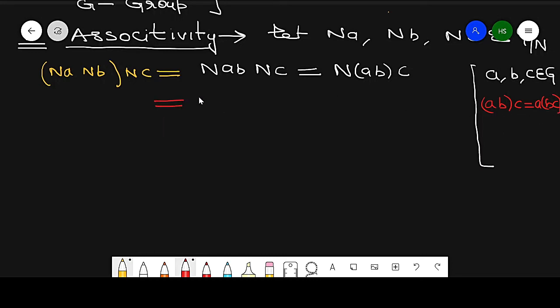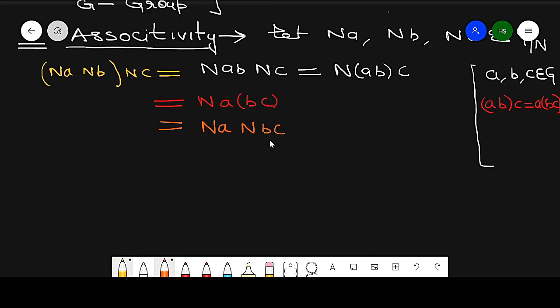We get N here, this is shifted as a into bc. Now it means bc is treated as one element, a is treated as one element. Now apply binary composition, so this can be written as Na into Nbc, this value.